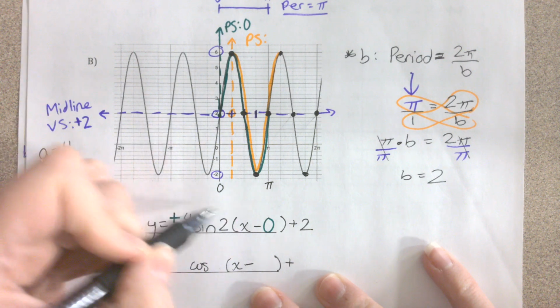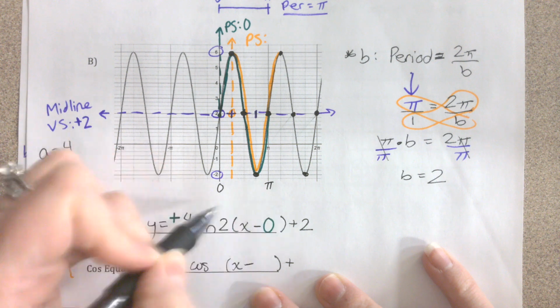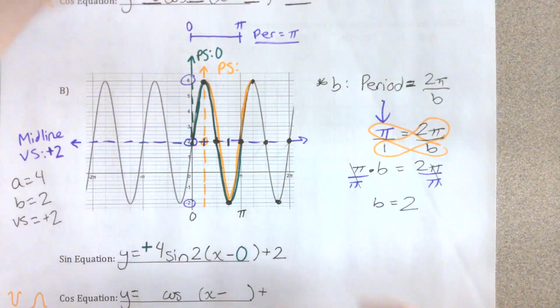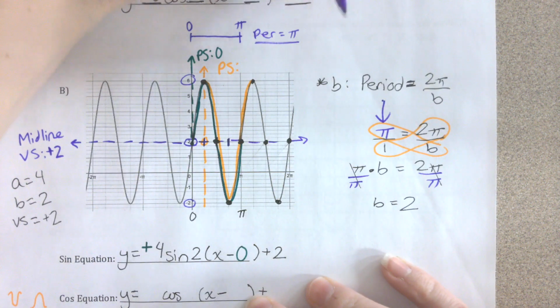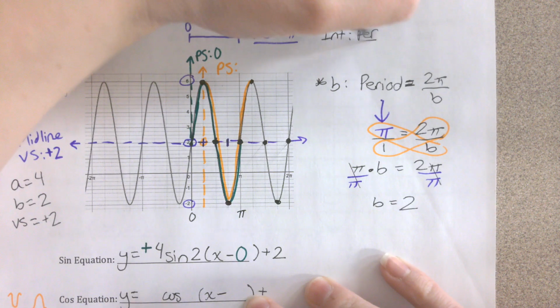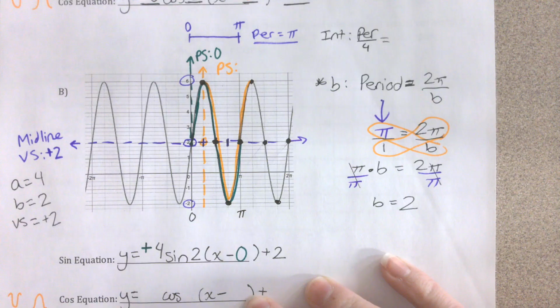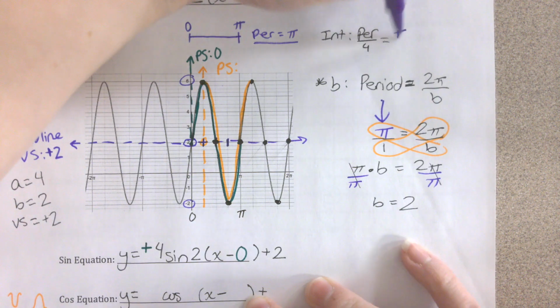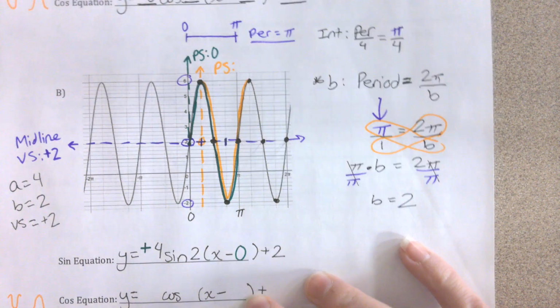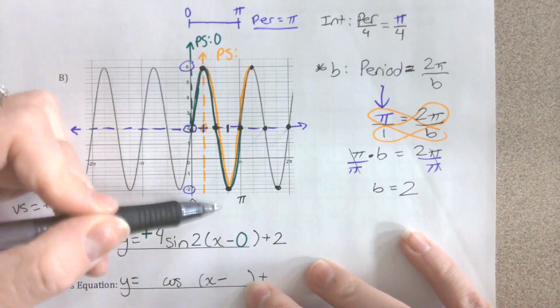So essentially, if this is a full period, then back to what we're used to, our interval is period over 4. And again, we found our period earlier. It's pi. So pi over 4 is each interval. That's what each of these lines are here.